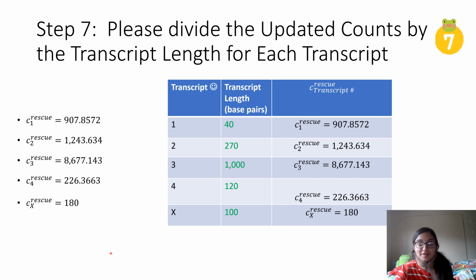So these are the values that we'd gotten. The 180 was kept from before. We had the transcript length for each of these transcripts. These are the rescue values that we calculated.